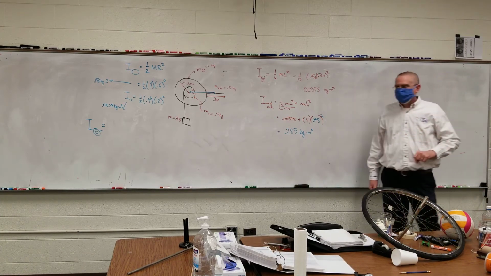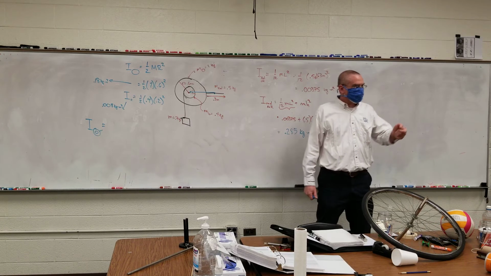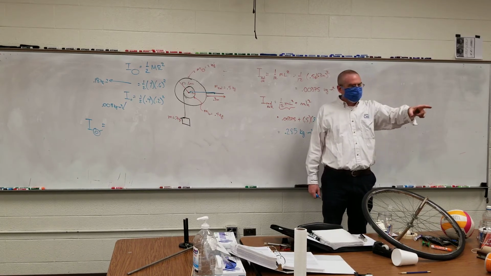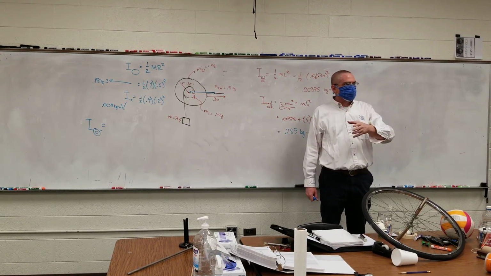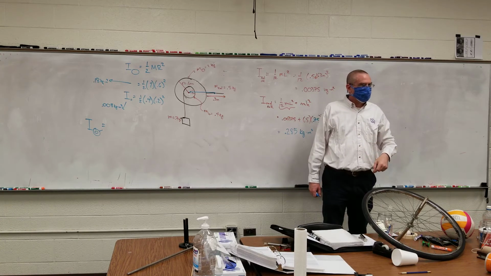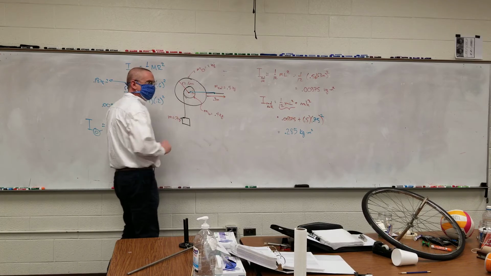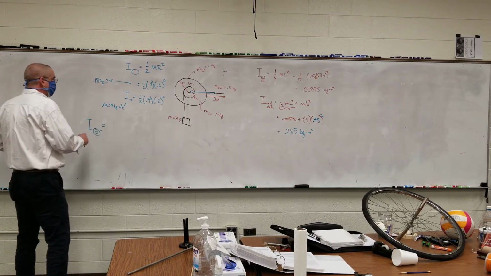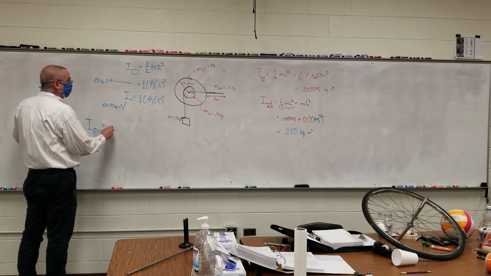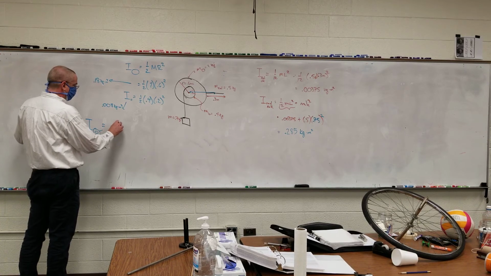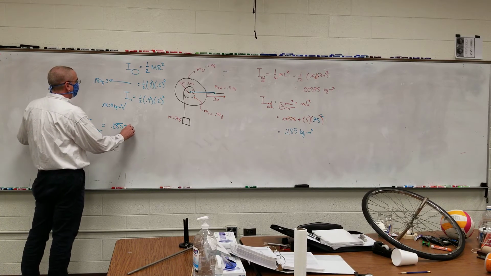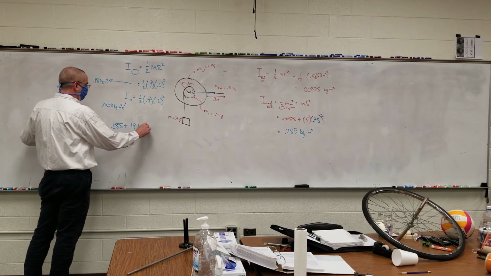Because remember, ultimately, moment of inertia, as Brandon was saying earlier, is just the sum of mr squared. It's just a big sum. How you break it up is up to you. So I'm going to break it up into a rod, big disc, and a small disc. And so my total moment of inertia is going to be 0.285 plus 0.18 plus 0.008.